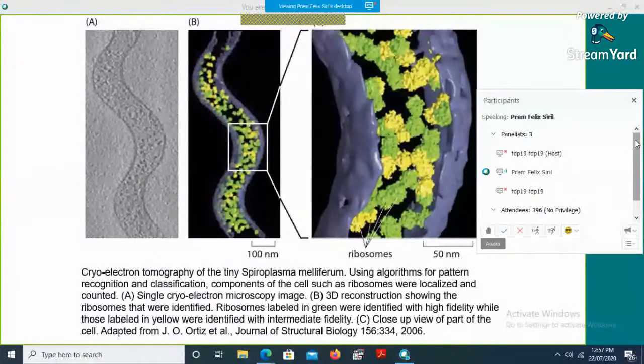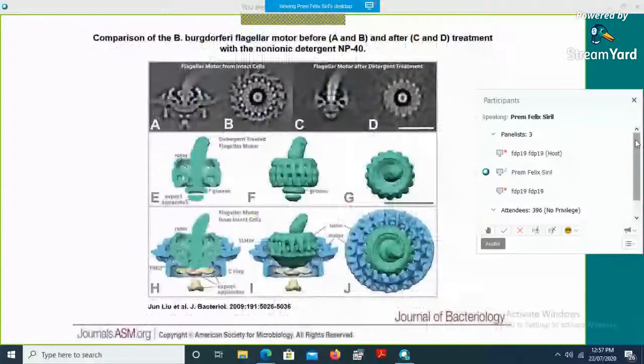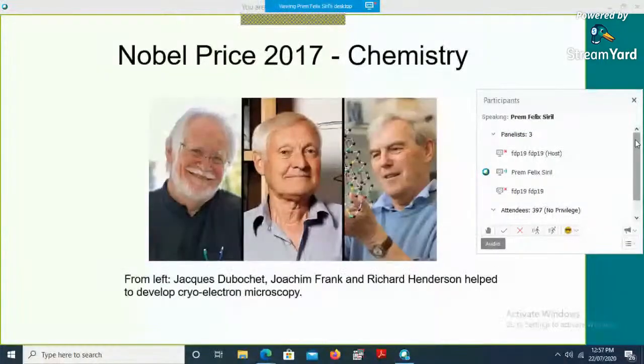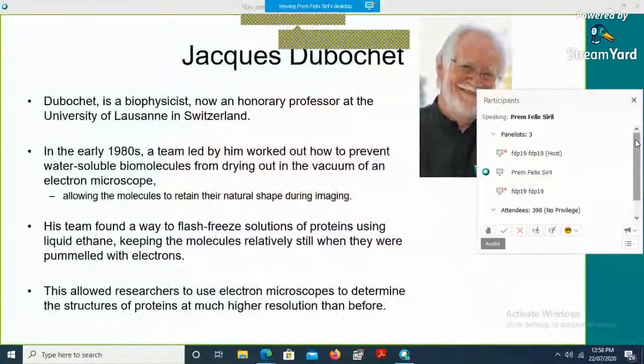It is so important that the Nobel Prize in 2017 in chemistry was given to three people, Jacques Dubochet, Joachim Frank, and Richard Henderson, for their contribution in the development of cryo-EM. None of them are chemists. Interestingly, Jacques Dubochet is a biophysicist. He developed this method for flash freezing biological samples.